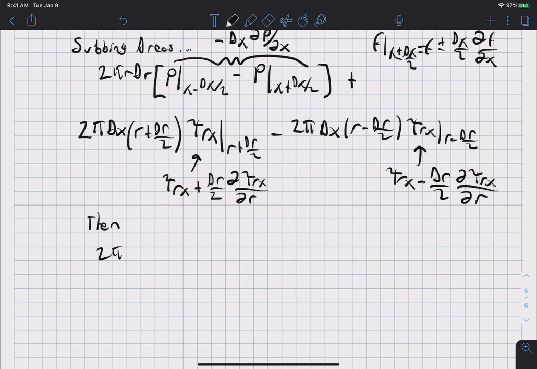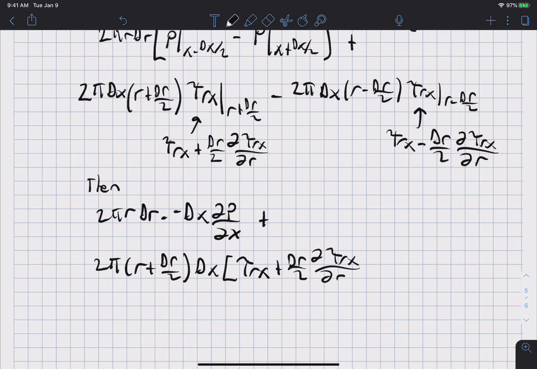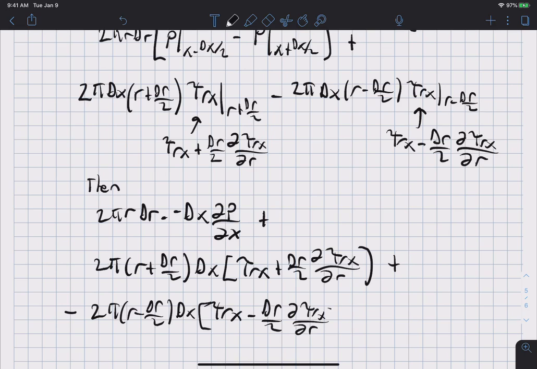Then we have 2 pi r delta r times negative delta x partial p partial x plus, this is going to explode into a bit of a mess, 2 pi times r plus delta r over 2 delta x times tau rx plus delta r over 2 partial tau rx partial r, plus, and I'm going to put negative here, 2 pi r minus delta r over 2 delta x times tau rx minus delta r over 2 partial tau rx partial r.